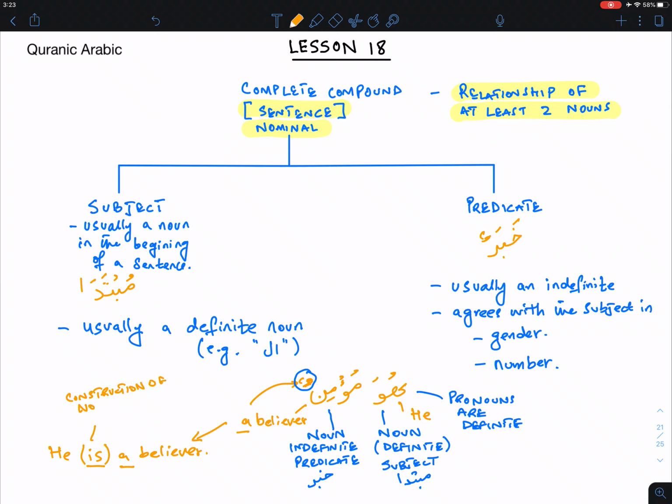Once you know it's a nominal sentence, the is, and are, and these types of things, and am, they will be implied in the Arabic language. And it's the construction of a subject-predicate relationship that allows you to translate it as is a believer.